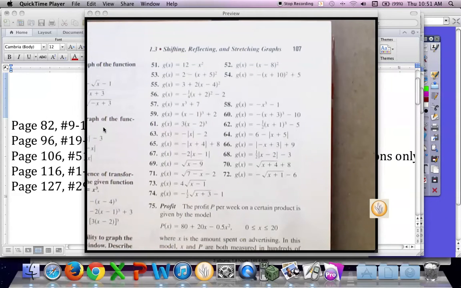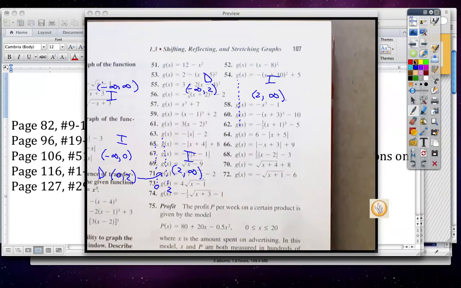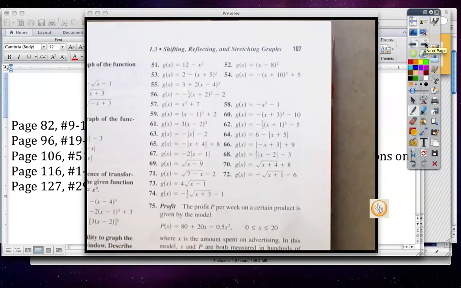So remember all the different possibilities of transformations. I'll write them down over here, right? It could be up, down, left, right.